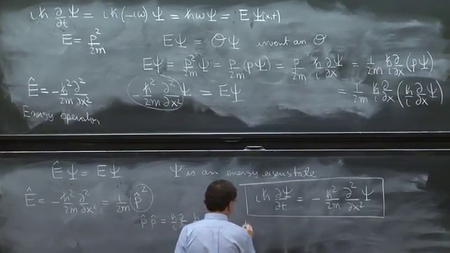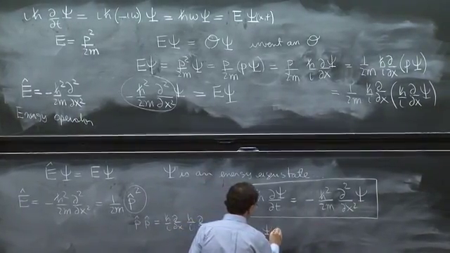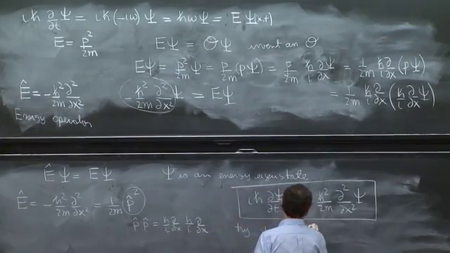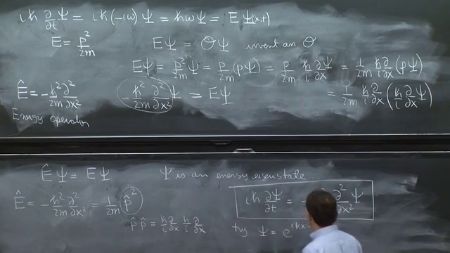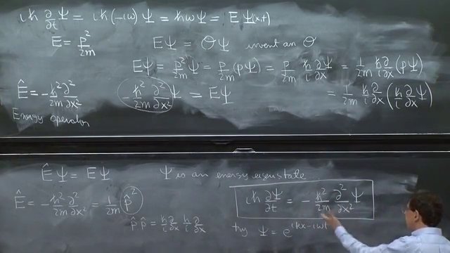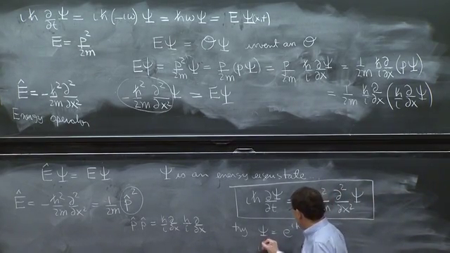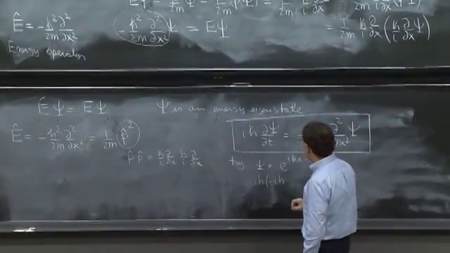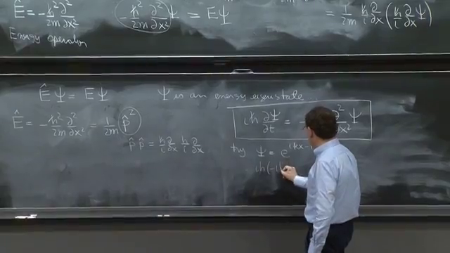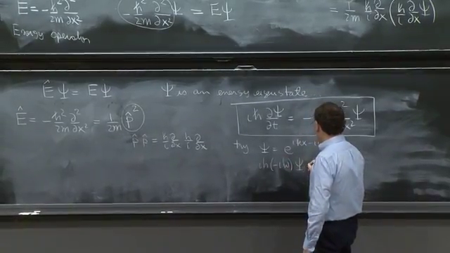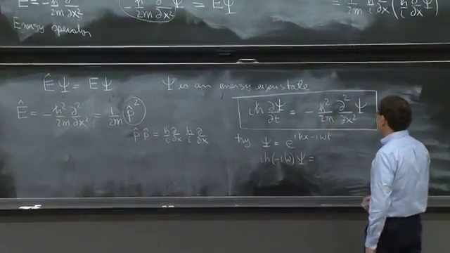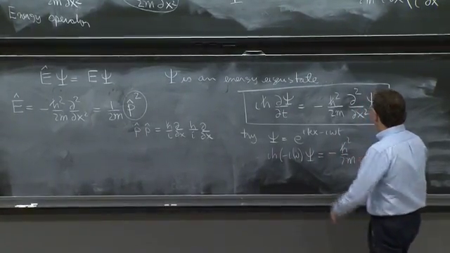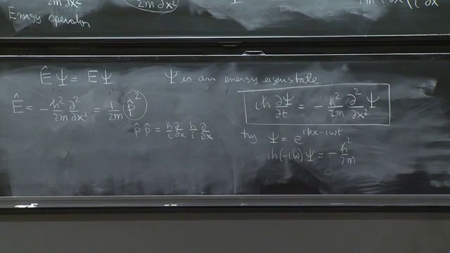So if you try again, psi equal e to the ikx minus i omega t, what do we get? On the left-hand side, we get i h bar times minus i omega psi. And on the right-hand side, we get minus h bar squared over 2m, and two derivatives with respect to x.